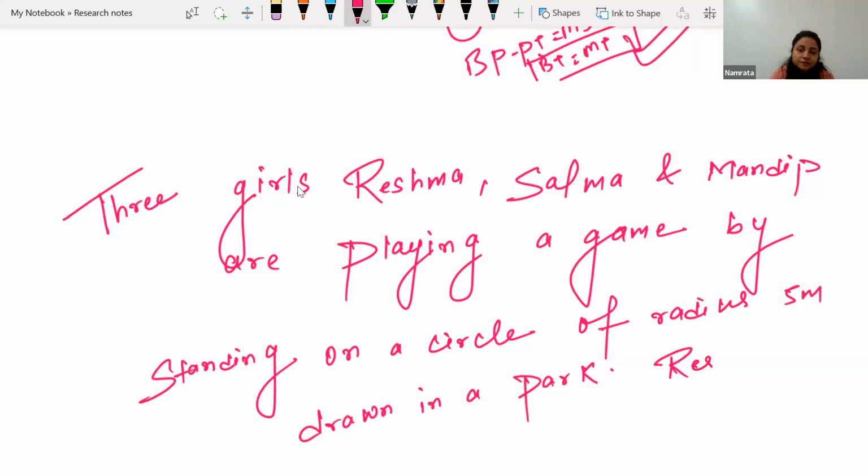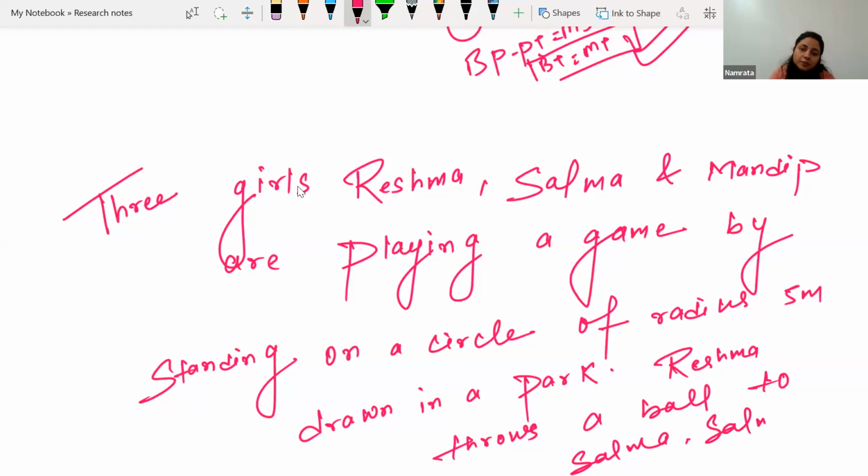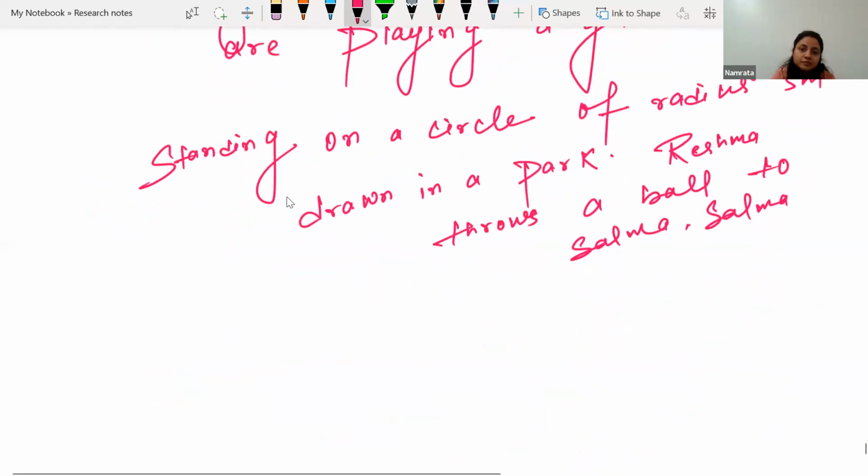Reshma throws a ball to Salma, Salma to Mandeep, Mandeep to Reshma.